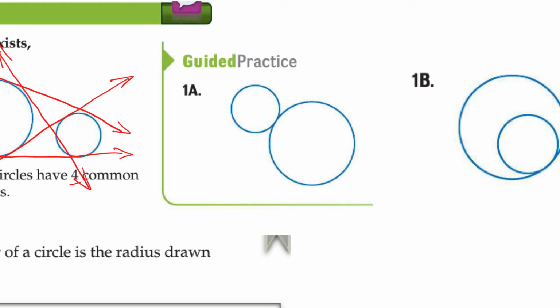So on 1A, how many common tangents does this have? 3. I'm going to cheat here. Let's see. Yeah, you're right. There's 1.